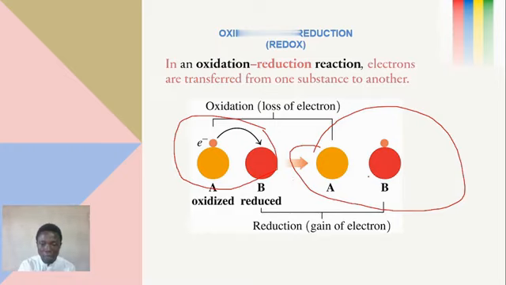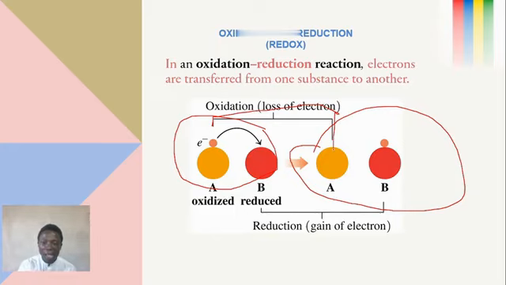Of course, the right hand side is the product. So electrons are being transferred from substance A to B, and as an electron is transferred from A, that means there is loss of electrons. Are we together?